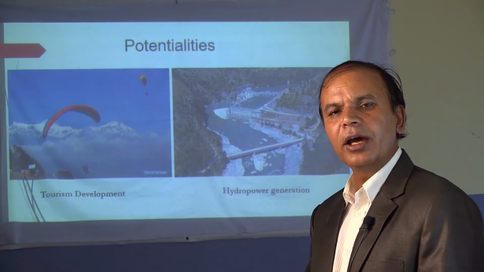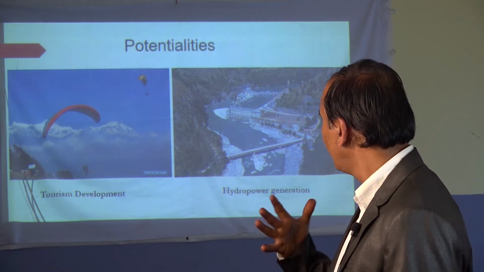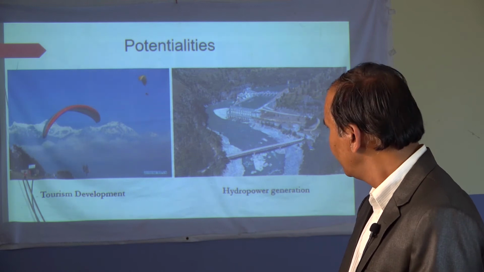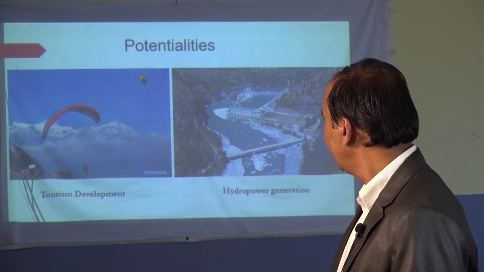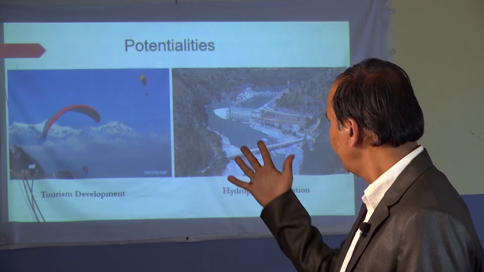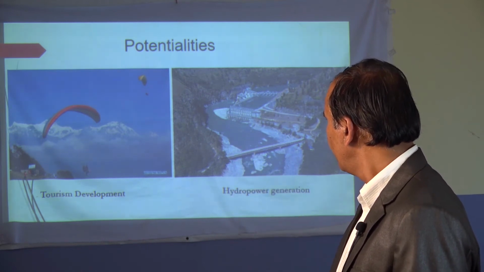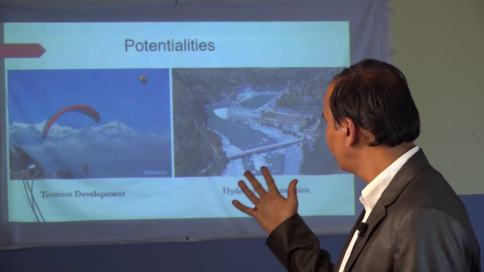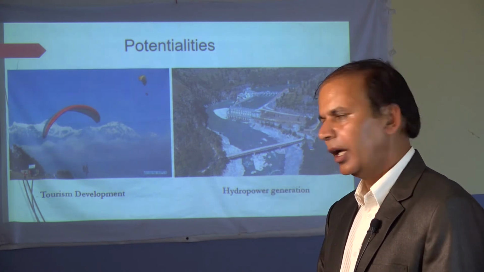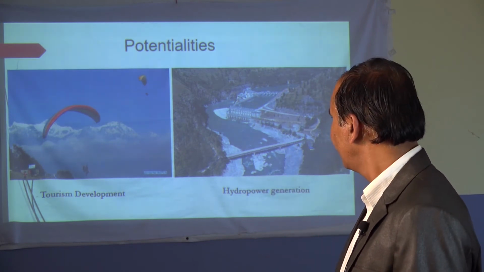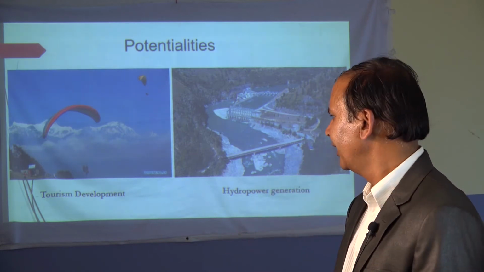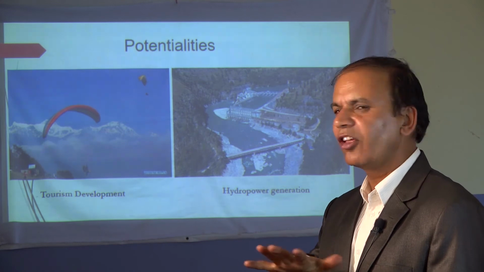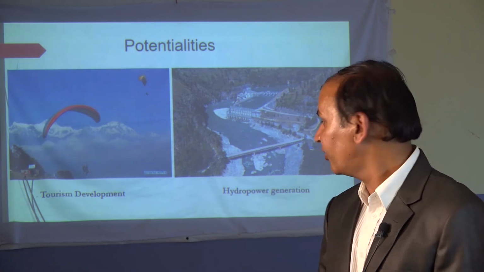Now, we are entering into the potentialities. Now, you can behold the figures shown here on your screen. The first potentiality is tourism development, and we have the Annapurna range, and then the serenity of Begnas, Rupa, and Phewa lakes there.